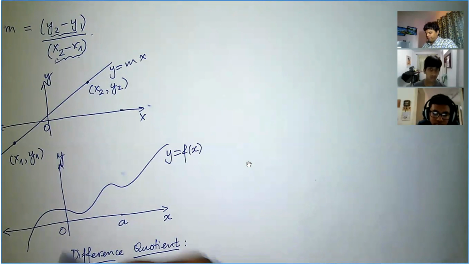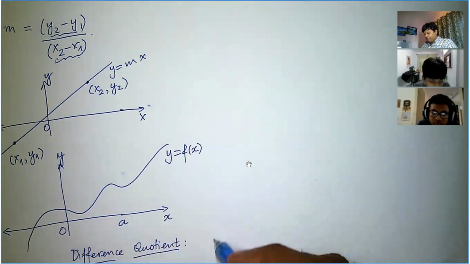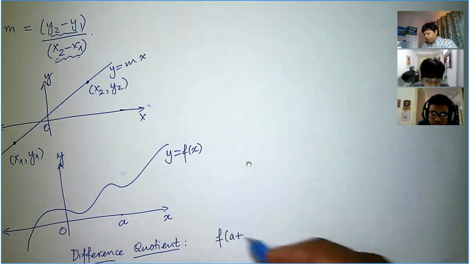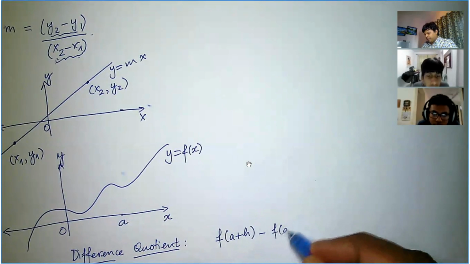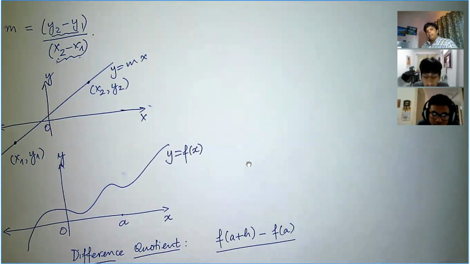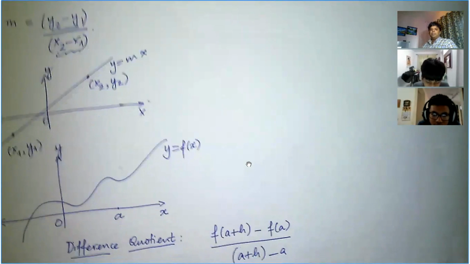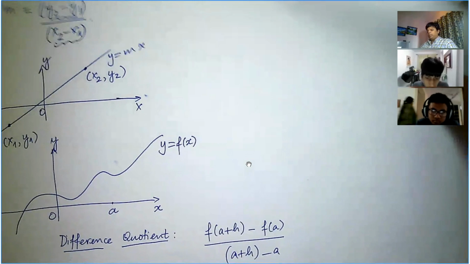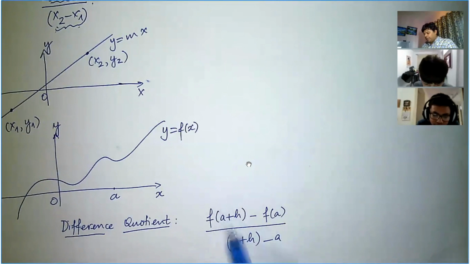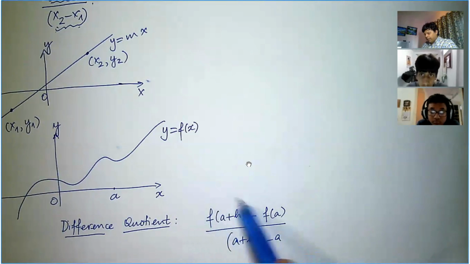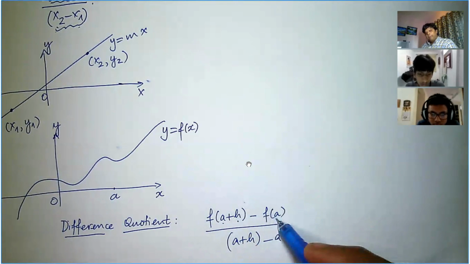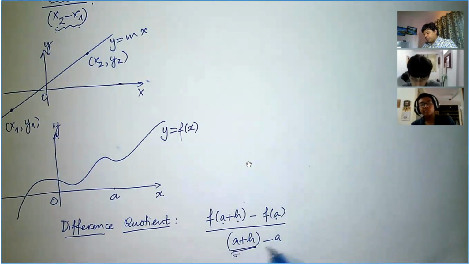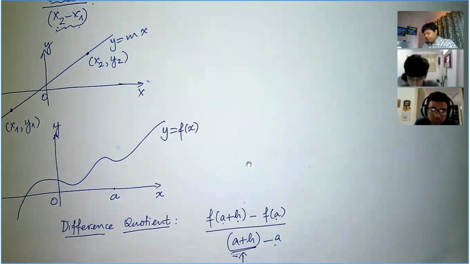Suppose I have this point A, I'm going to look at f of A plus h minus f of A divided by A plus h minus A. I am again looking at the y value of the function at A plus h and the y value of the function at A, divided by the x values, A plus h minus A. This looks like x2 minus x1.